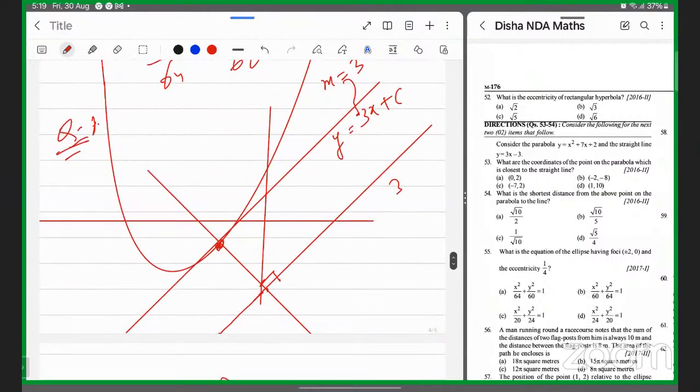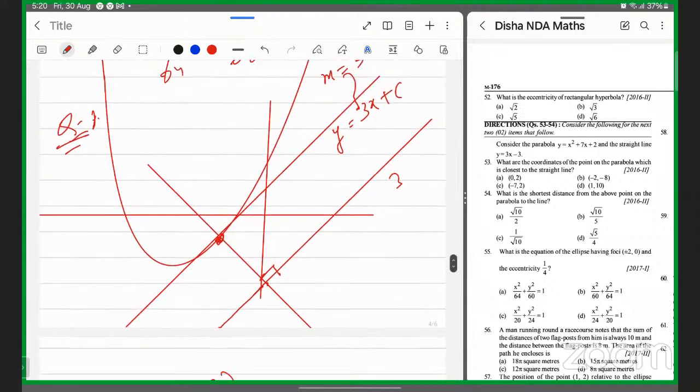Parabola upward, and the straight line y equal to 3x, y equal to 3x minus 3, 3x plus c, no problem. The parabola equation is x square plus 7x plus this.